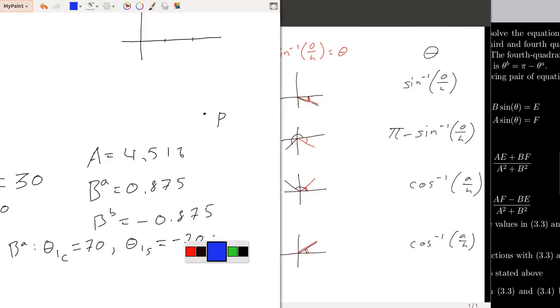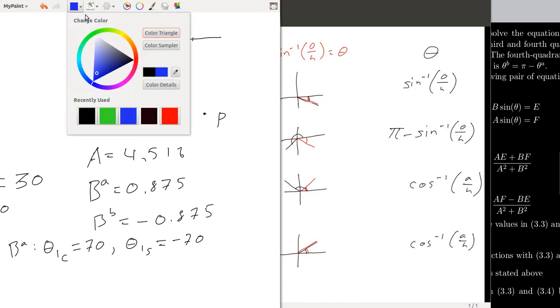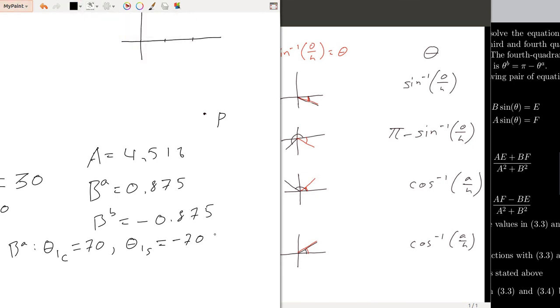What that means is theta 1a, the theta 1 that corresponds to theta 2a, is minus 70 degrees, because it's the value given to you by the inverse sine.